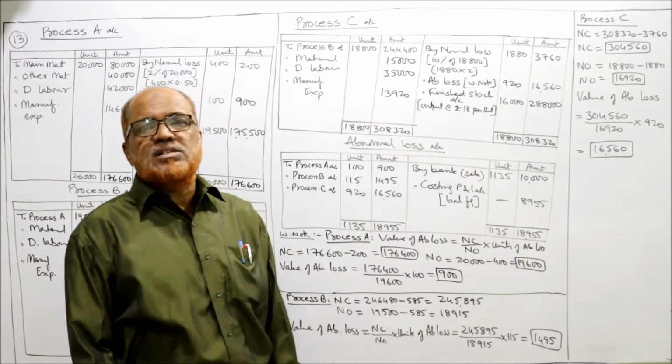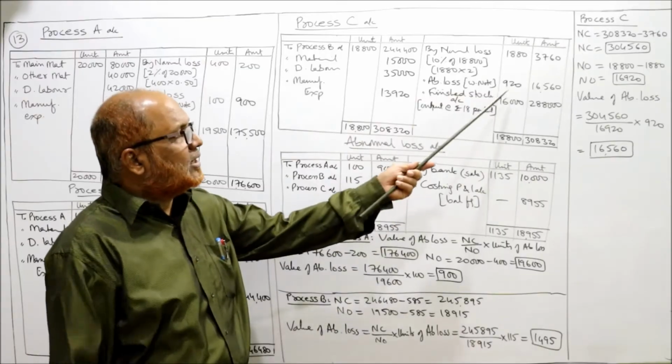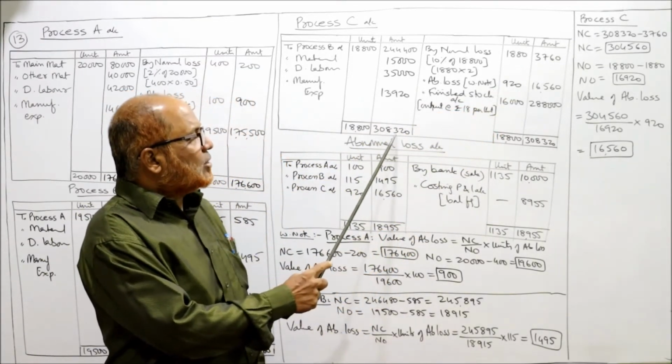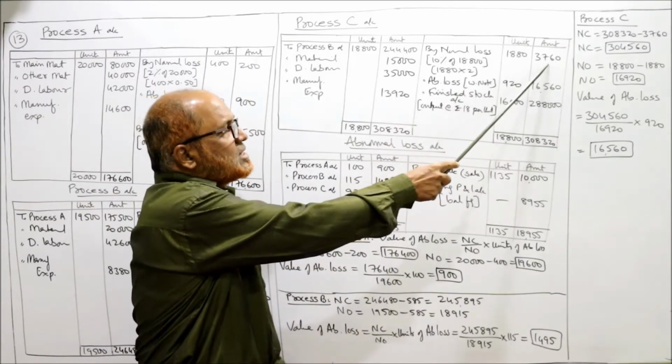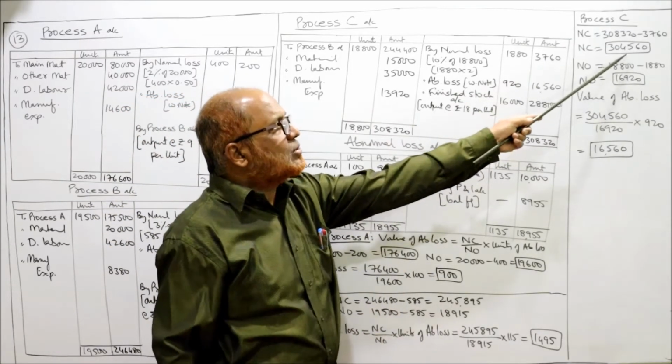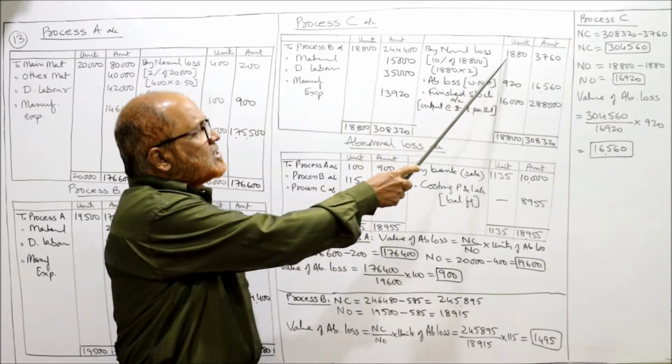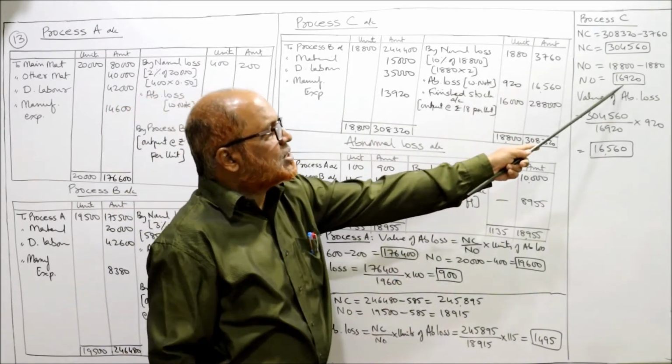Again, we have to find out what is the value of this abnormal loss of 920 units. So here you can see normal cost: 3,08,320 minus 3,760. You are getting 3,04,560. Normal output 18,800 minus 1,880, 16,920.